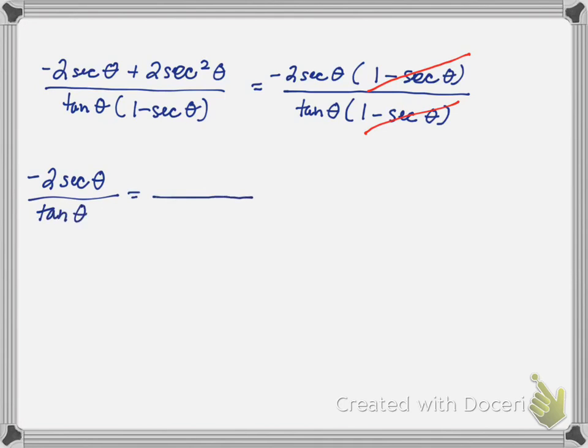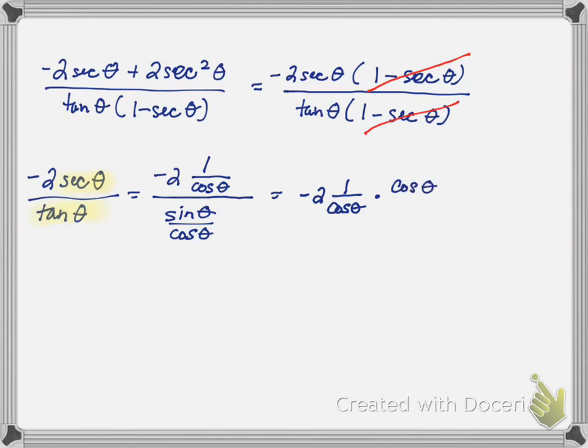Now, at this step, I'm going to rewrite secant theta and tangent theta in terms of sine and cosine. We know secant theta is equivalent to 1 over cosine theta, and tangent theta is equivalent to sine theta over cosine theta. So I now have negative 2 times 1 over cosine theta, and remember, to turn this into a multiplication problem, I have to take the reciprocal of the denominator.